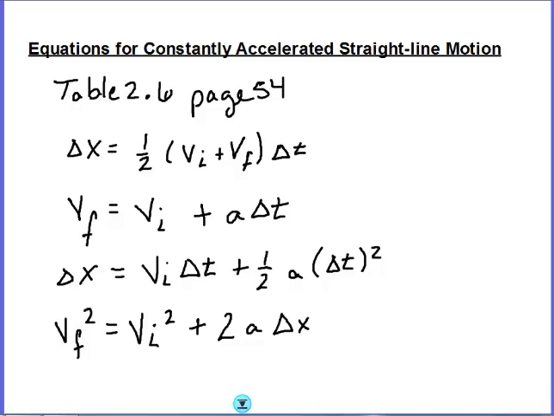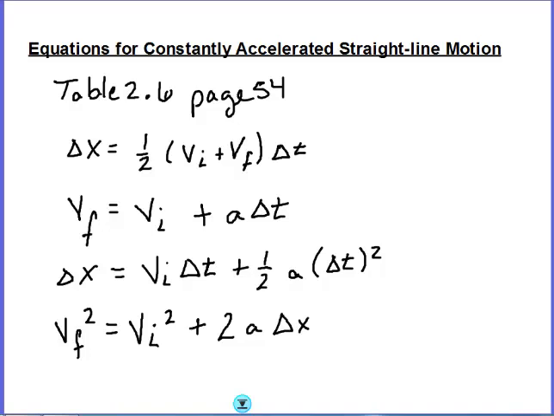Or we can use delta x, or the change in displacement, is equal to initial velocity times time plus 1/2 acceleration times the change in time squared. And our final equation when we're dealing with straight line motion is the final velocity squared is equal to initial velocity squared plus 2 times acceleration times the change in displacement.